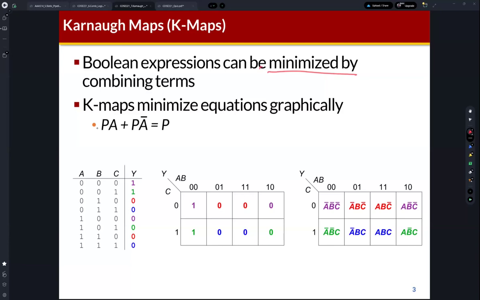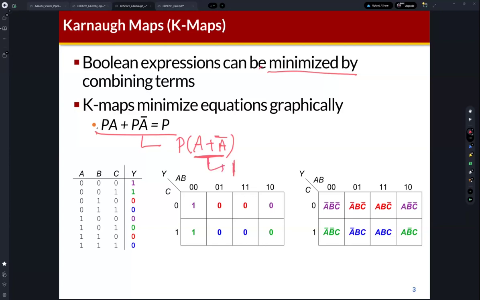I believe you can memorize this Boolean theorem, which is very frequently used for minimizing Boolean equations. A plus A bar, we can change this to 1.